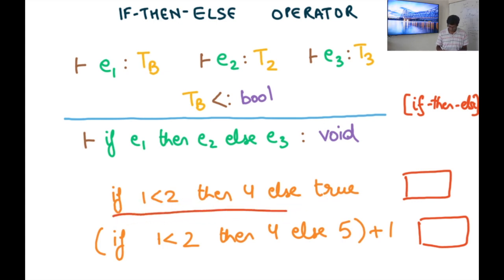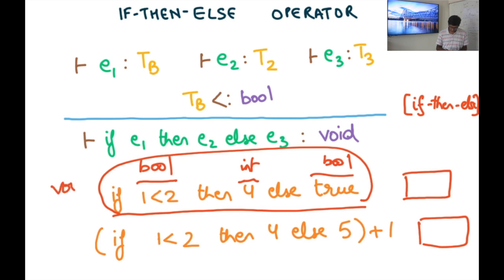Now 4 evaluates to int, true evaluates to bool, 1 < 2 evaluates to bool, and this whole expression therefore evaluates to void. And so we have been able to type the whole expression, and so indeed this expression is type correct.